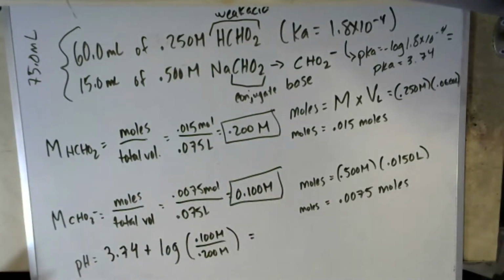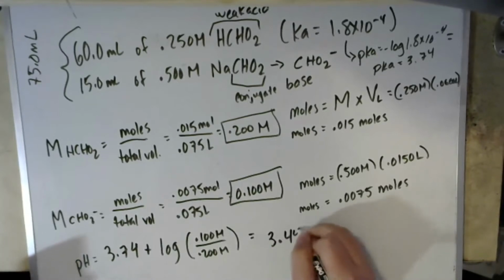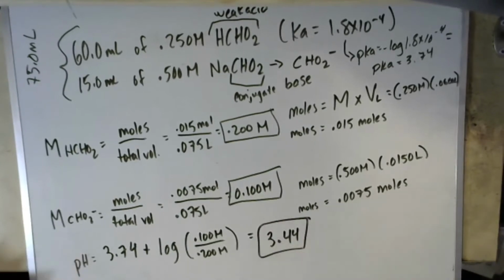So now we're going to calculate that out. We get a pH of 3.44 for this buffer mixture.